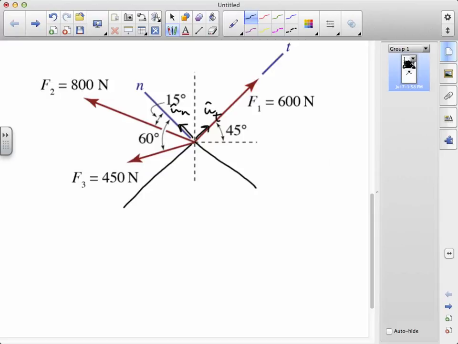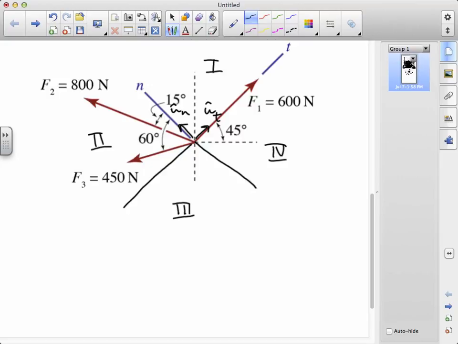Once again, before we resolve the vectors into components, let's sketch the four quadrants 1, 2, 3, and 4, and make a note of which components are positive and which are negative. Force F1 is aligned with the positive t-axis, so it will simply be 600 newtons along the unit vector that points in the tangent direction.